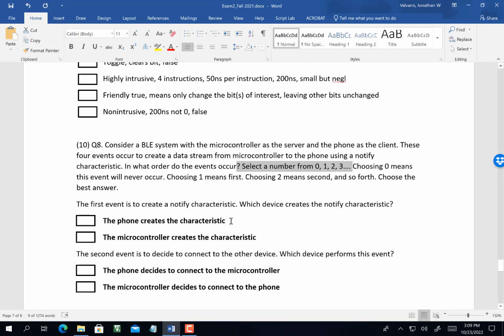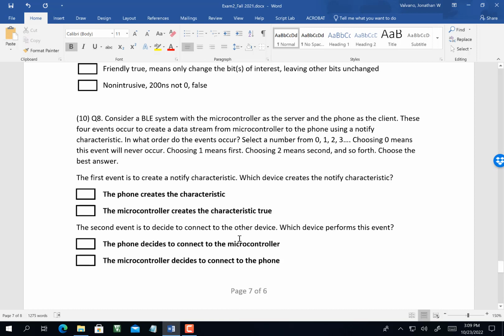The microcontroller creates the characteristic in the BLE device. Here it's the phone, and then the BLE device advertises. So therefore it's the phone who decides to connect.